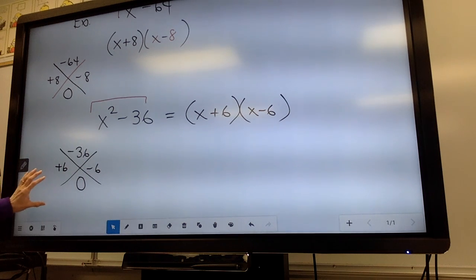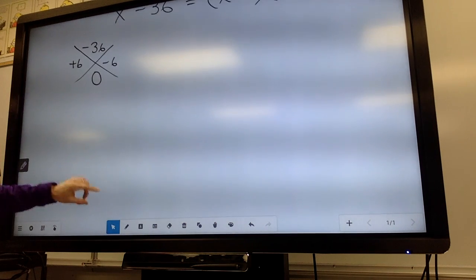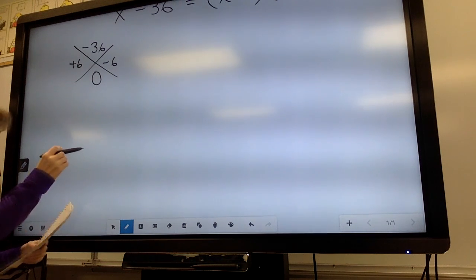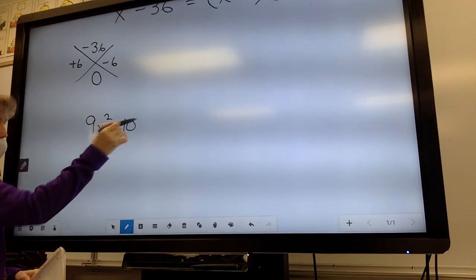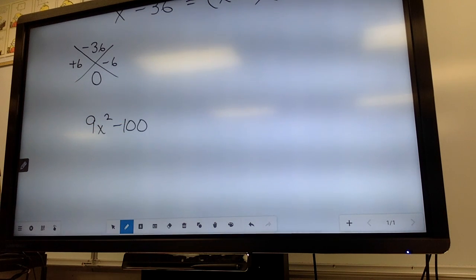Now your leading coefficient isn't always going to be a 1. It could be, like, 9x squared minus 100.